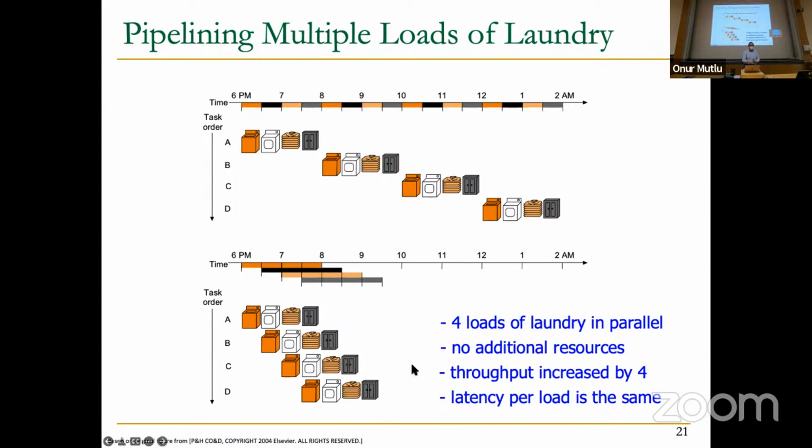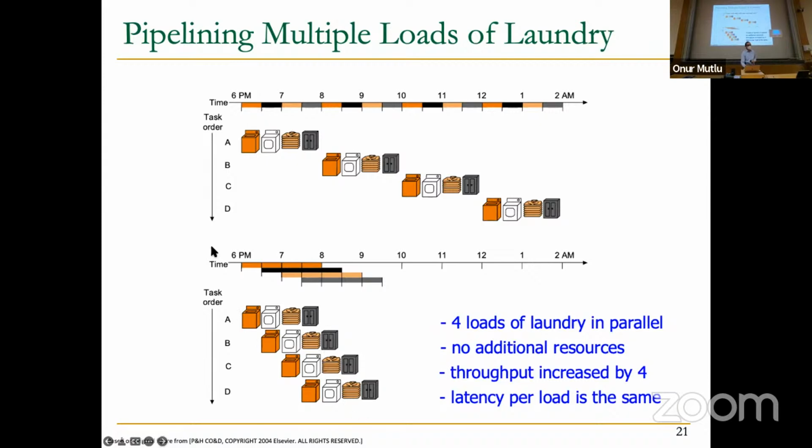You're kind of lucky. Your throughput increases by 4, meaning you're finishing 1 load every 30 minutes, as opposed to 1 load every 2 hours. That's the throughput. But latency per load is the same, actually. So 1 load still takes 2 hours, but you're starting the loads much earlier. You didn't reduce the latency of a load.